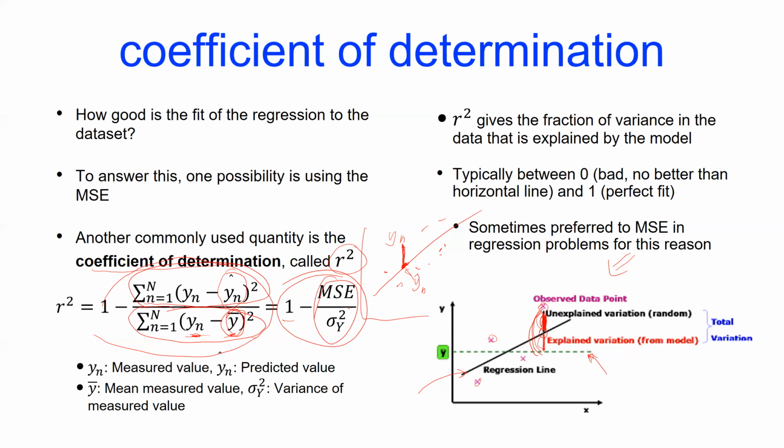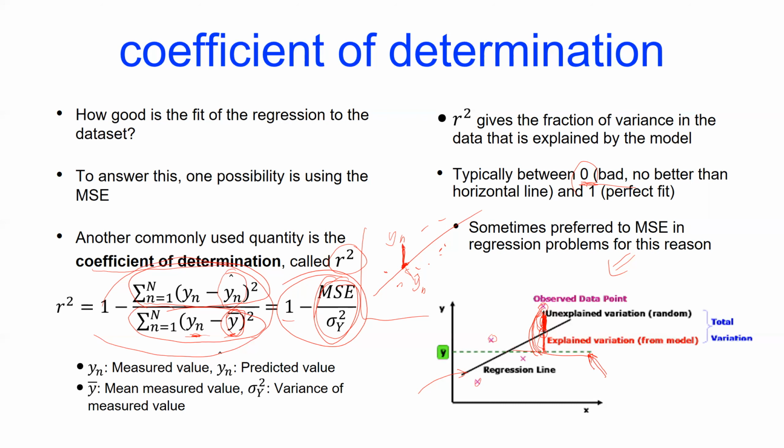By some design, it swaps 0 and 1. You think 0 is good or 1 is good? By this, you will see that if R squared equals 0, that is very bad. That means this term equals 1, so the MSE divided by everything equals 1. That means I have the lazy version. I'm stuck with this line. You can see I didn't explain anything.